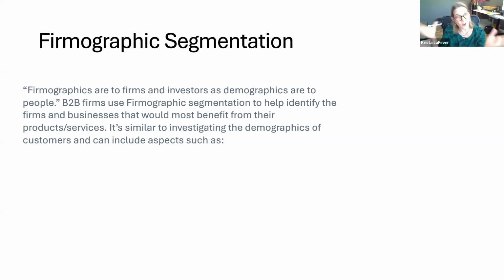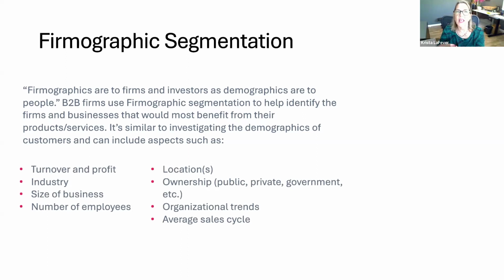Firmographic segmentation. Now, what is that? If you think of firms as a company, then it's basically getting information on firms and businesses that are going to benefit from your product or services. So it's as simple as looking at their turnover or profit, the industry that they're in, the size of their business, number of employees, locations, are they public or privately owned, average sales cycle.